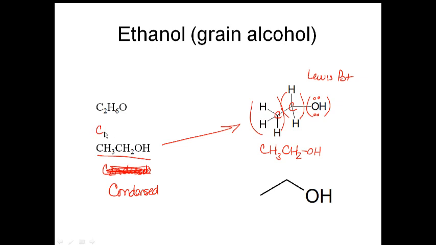I would just simply take the non-hydrogen atoms, attach those together, and then say that carbon's got three hydrogens attached. This carbon in the CH2 has two, and there's the OH. So it's relatively straightforward to convert from a condensed back into a Lewis dot structure if you remember that hydrogens have to occur on the outside.